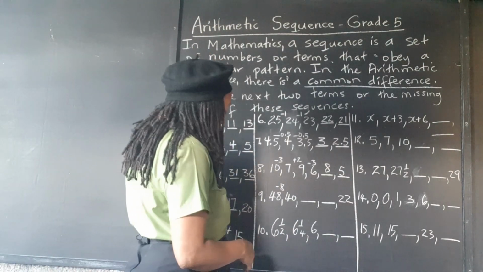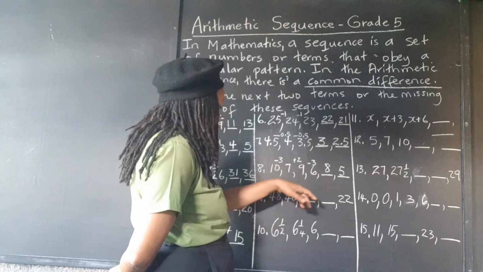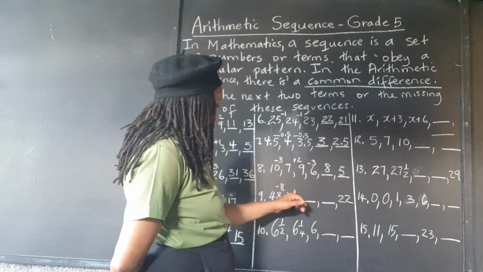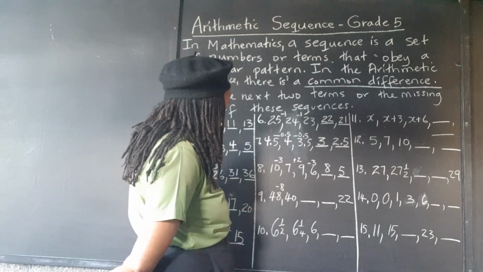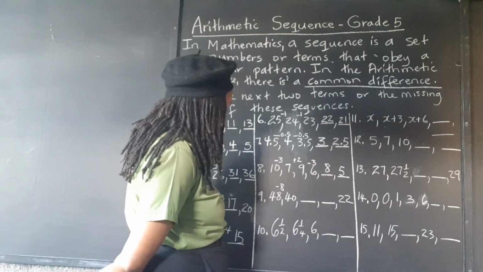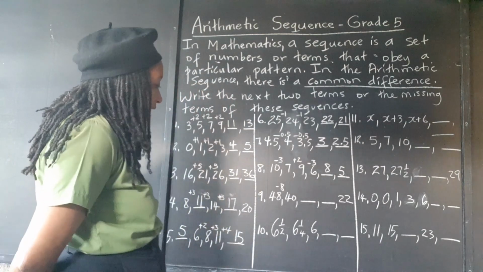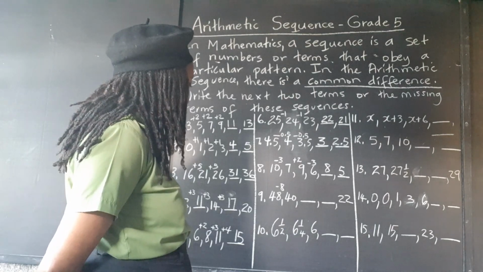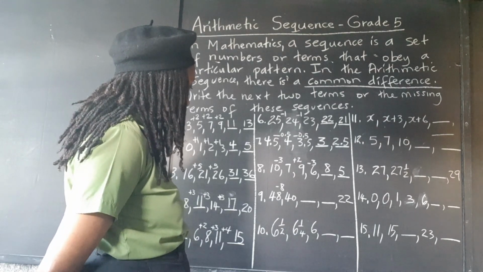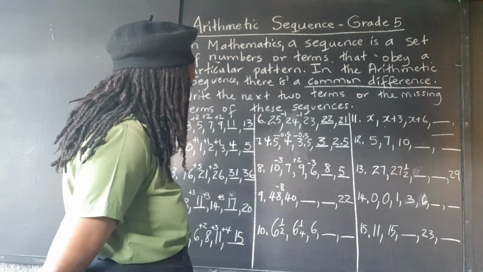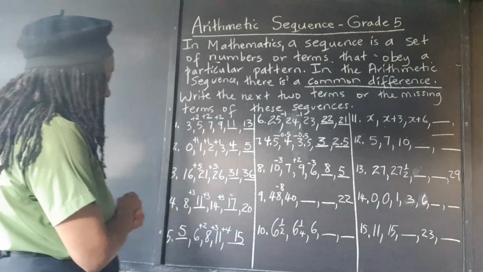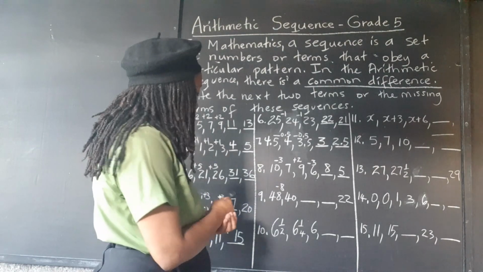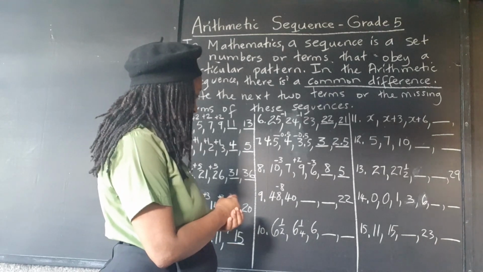So sometimes it's just trial and error. If we take 8 from 40, we would get 32. And if we take 8 from 32, would we get 22? No, we wouldn't get 22. So it doesn't seem like they're taking the same thing each time, right?